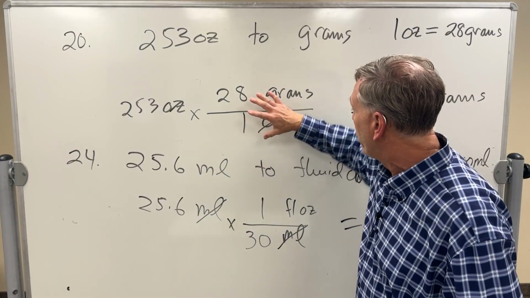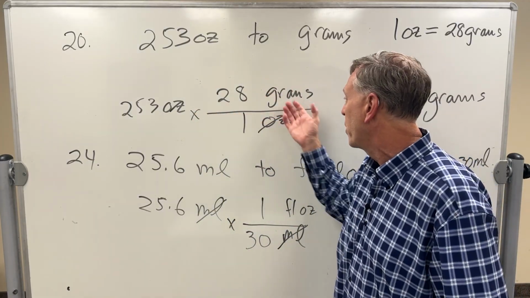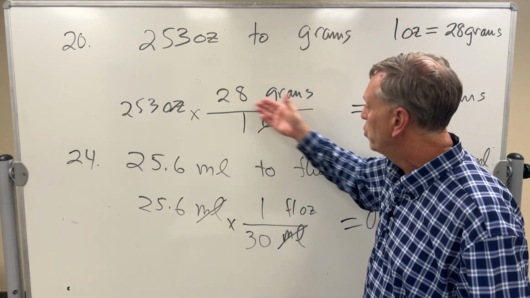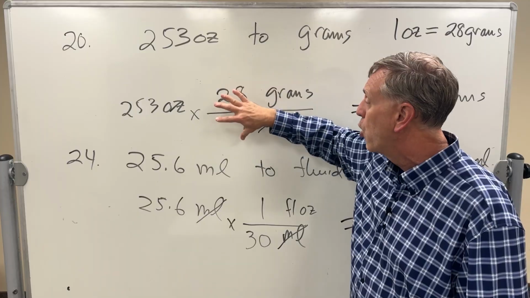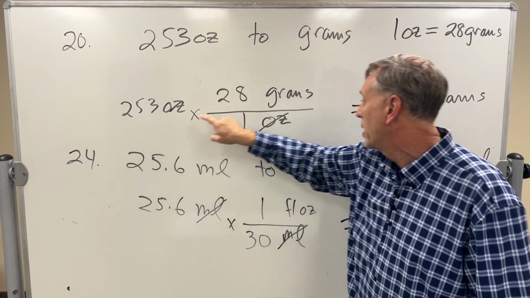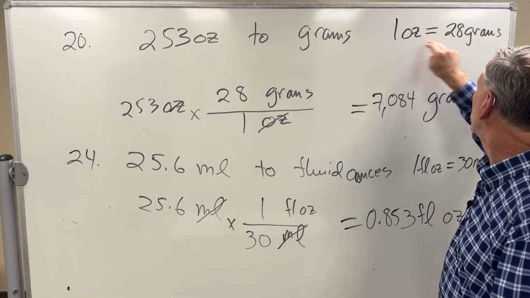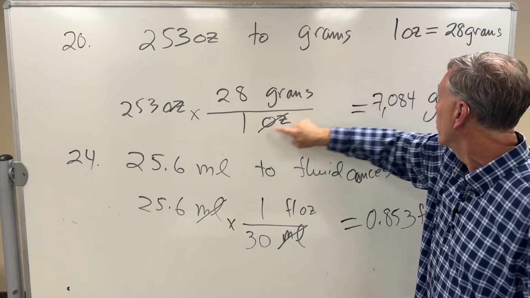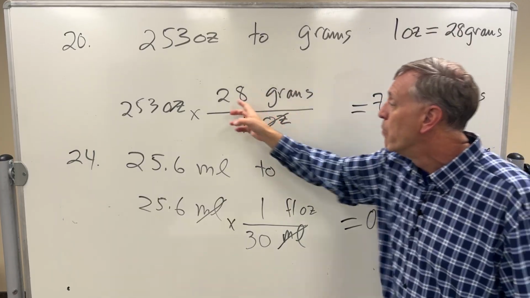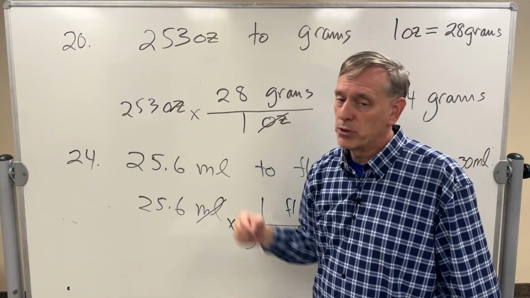So if we were to flip these, we would get ounces squared over grams, a completely meaningless unit of measure. And so by using dimensional analysis, we make sure we know, are we multiplying or dividing? How do we know? Well, I need the ounces to cancel. I need grams left over. Here's the conversion. I write them where they go. 1 ounce there, 28 grams there. I'm multiplying. The ounces will cancel out.